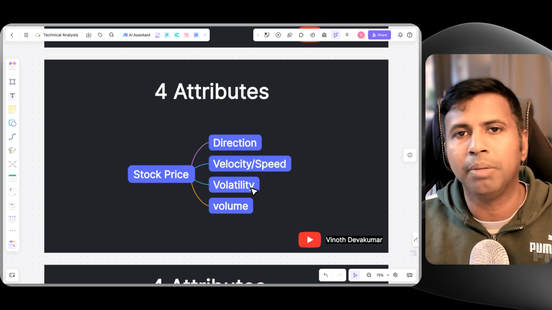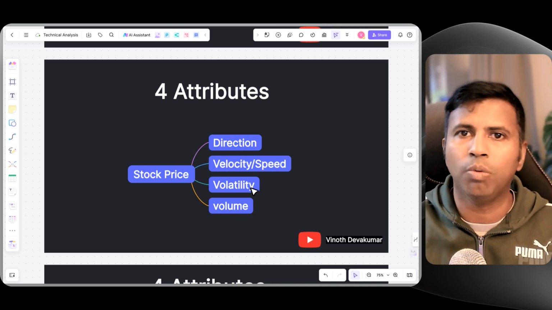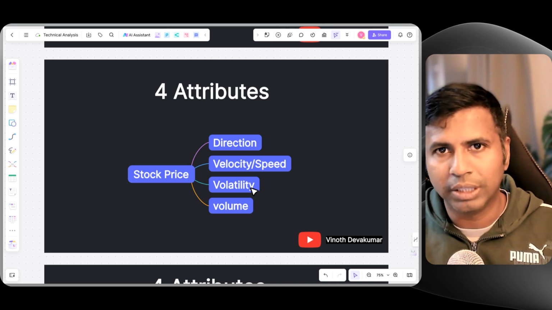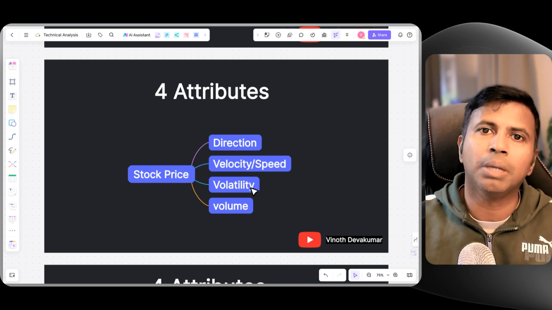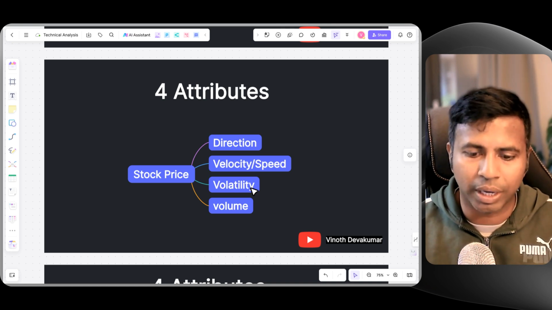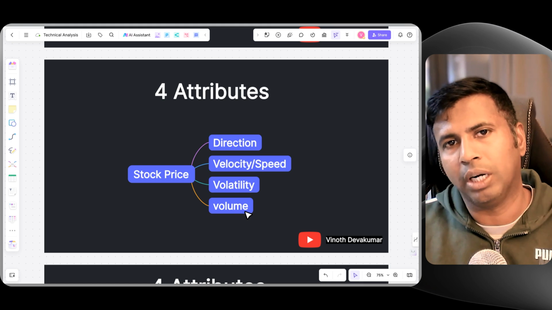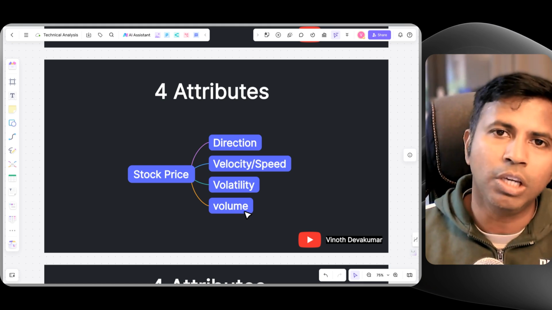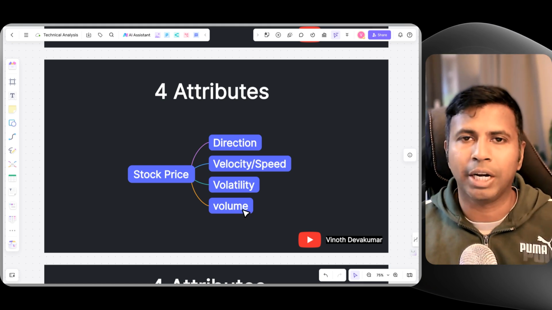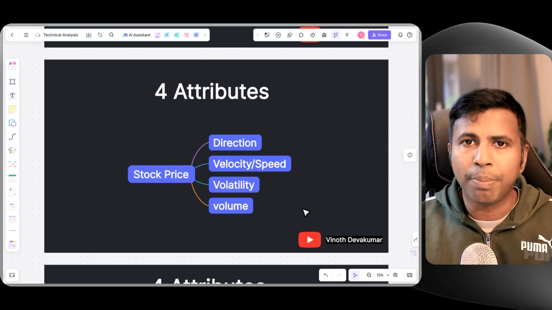Volatility means how big the magnitude of the stock price move is, how jumpy and how sensitive the price is when it is moving. And the fourth attribute is the volume, meaning the magnitude of the buy and sell transactions that happen between buyers and sellers.